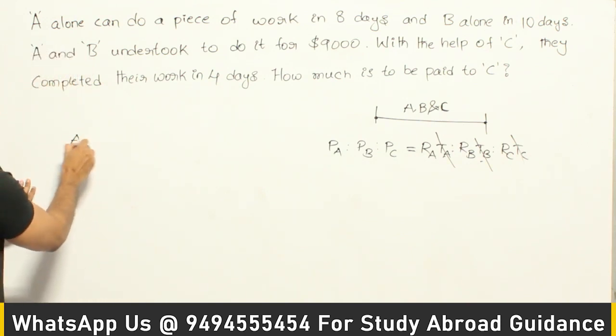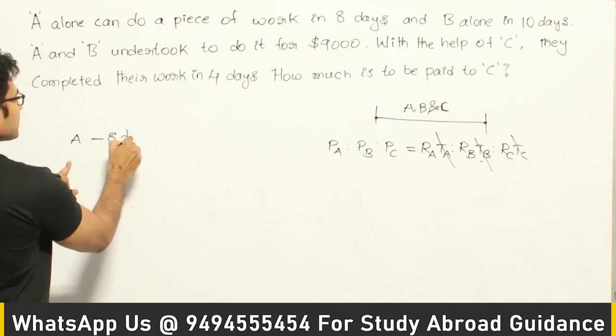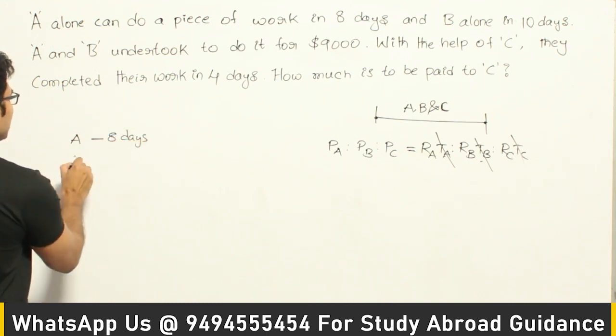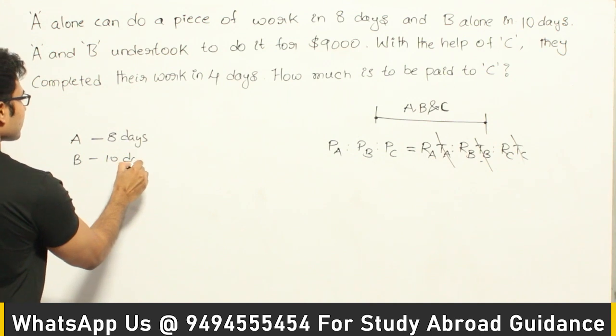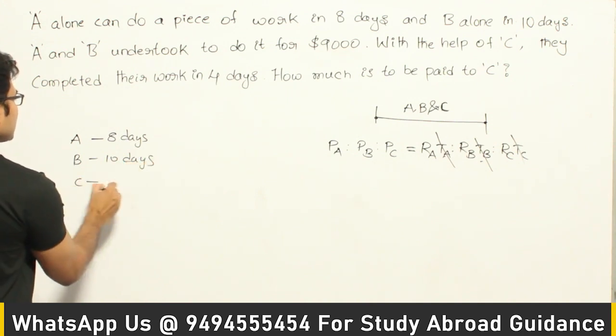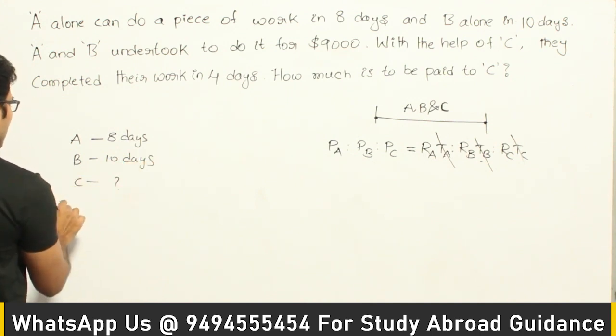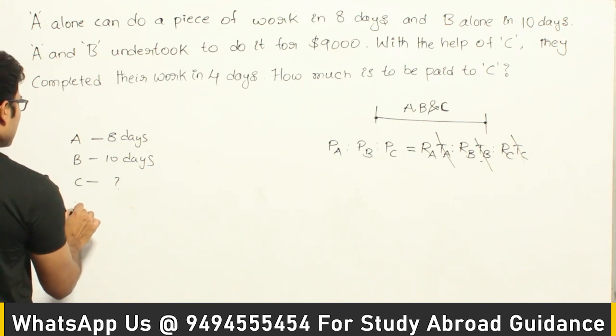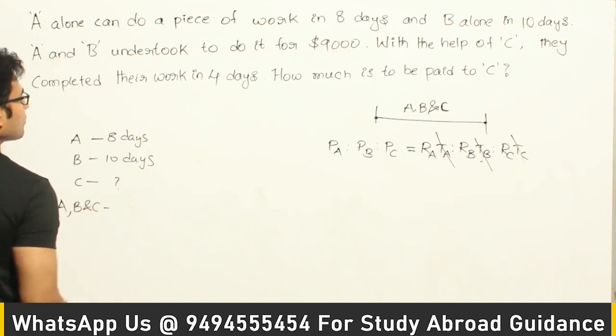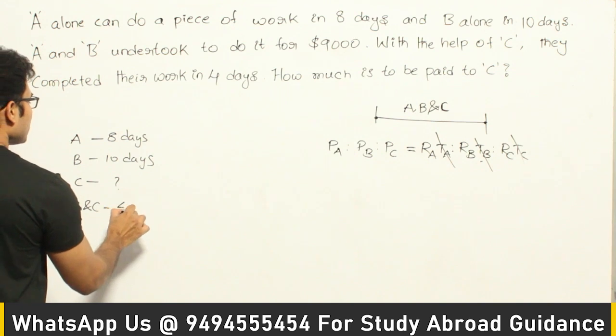Now let's see this. They are saying that A can finish the work in 8 days and B can finish the work in 10 days. For C they didn't say anything, but when A, B and C all work together, they are able to finish it in 4 days.